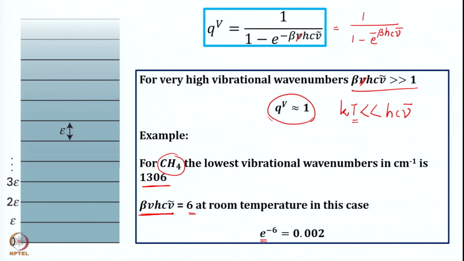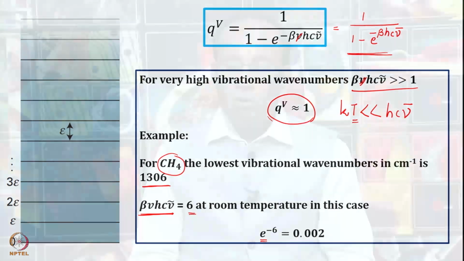So, 1 over 1 minus 0.002 is approximately 1. Therefore, if the temperature is very low, or if the wave numbers are very large, the vibrational contribution to the partition function for that normal mode of vibration is going to be close to 1.